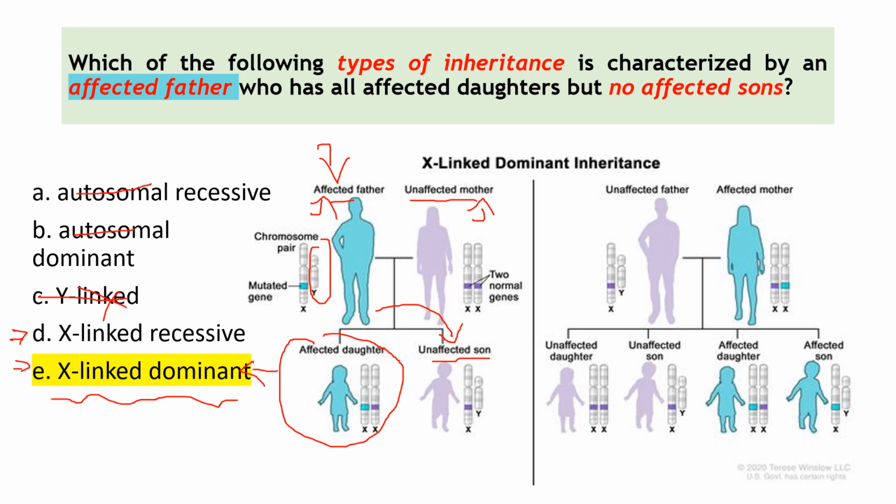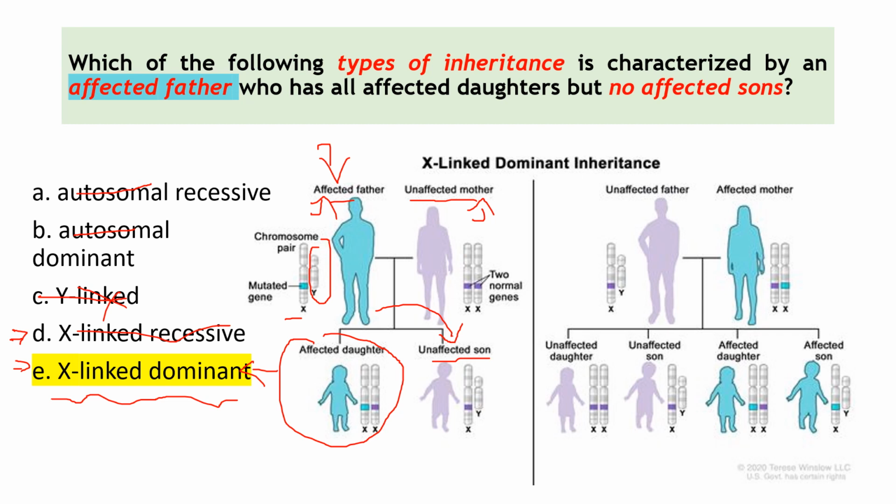All the daughters are sick because the father has one X chromosome with the mutated gene that is transferred to all the daughters. Okay, so all the other options seem to be wrong, and based on this information, only this option is correct.